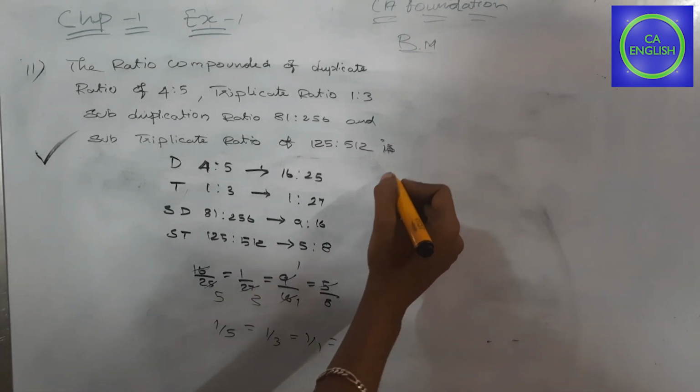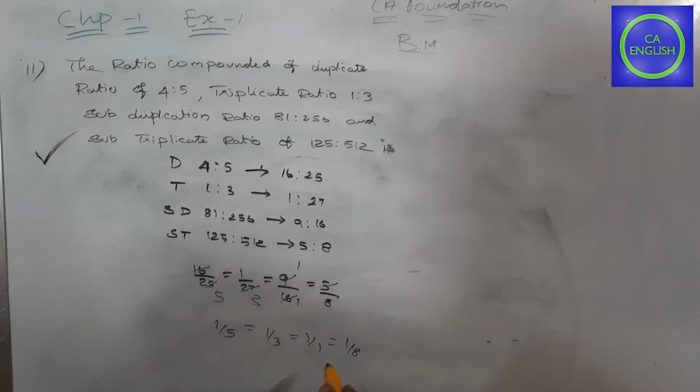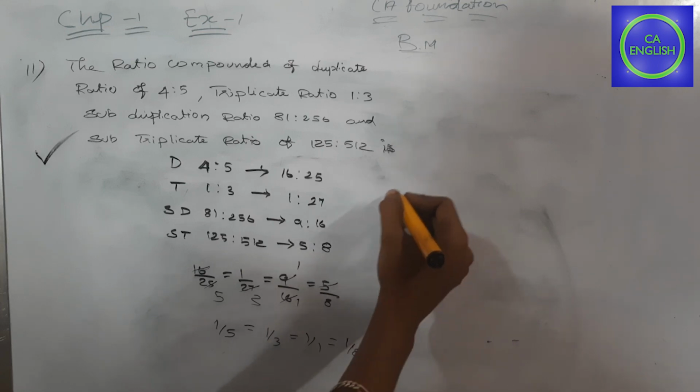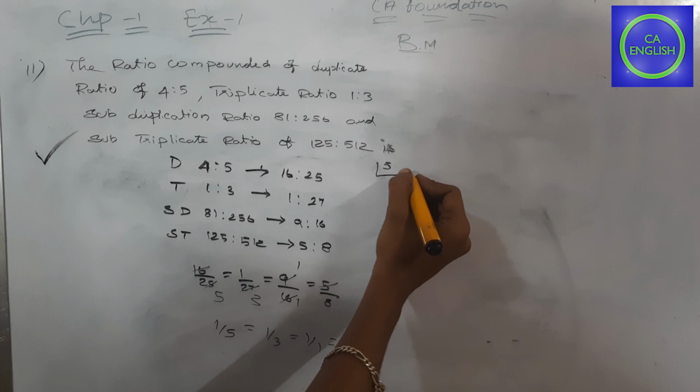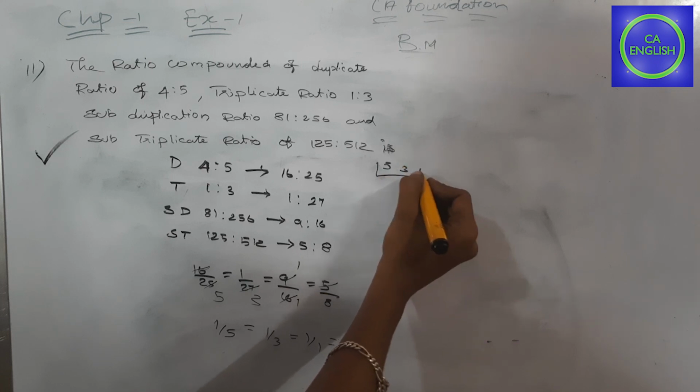After this method we cannot solve this sum as in the previous method, because there are no common denominators. So we want to take the LCM of 5, 3, 1 and 8.